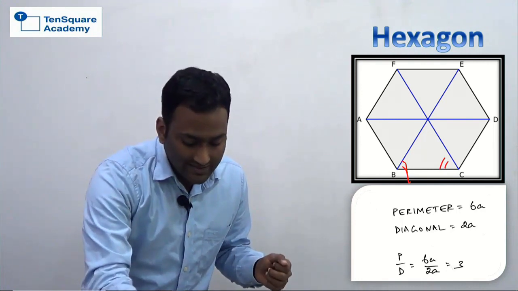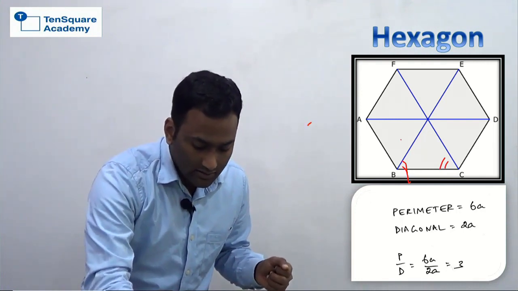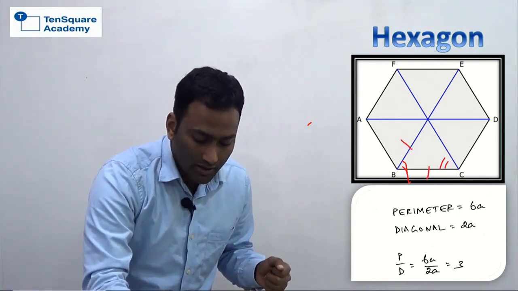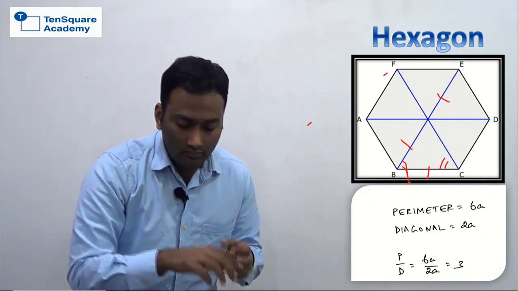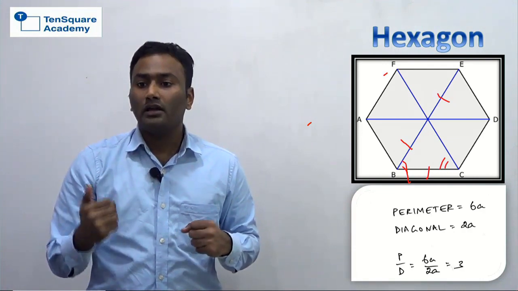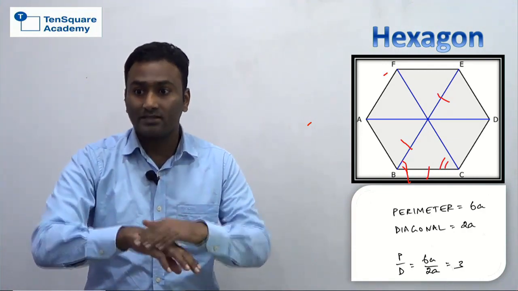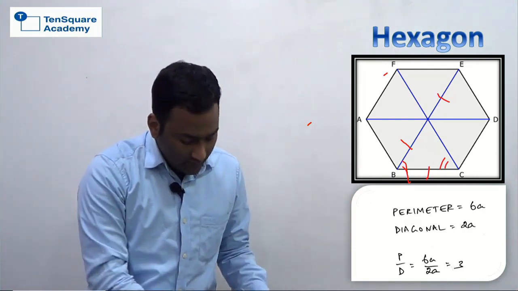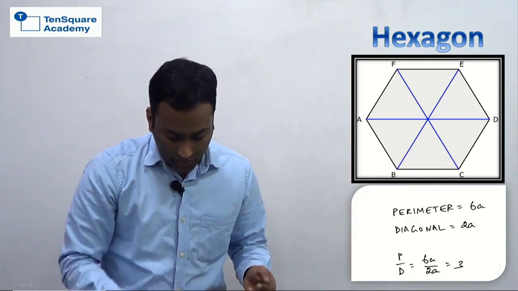So if this side is a, this length will also be a, so the diagonal length is 2a. So perimeter by diagonal in the case of a hexagon, be it a small hexagon or a large hexagon, the value remains the same, which is 3.